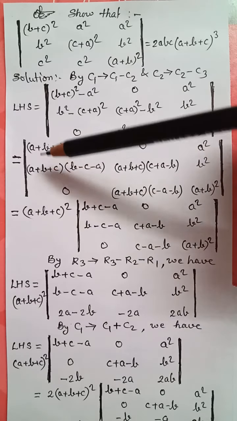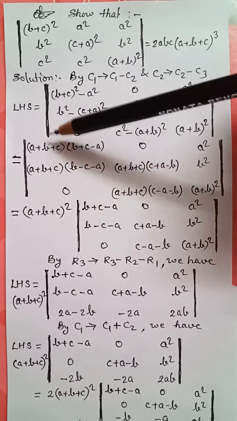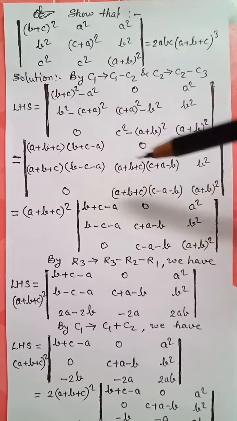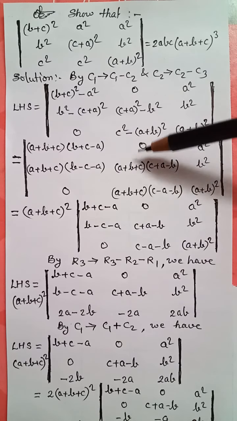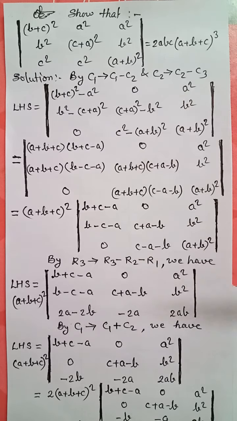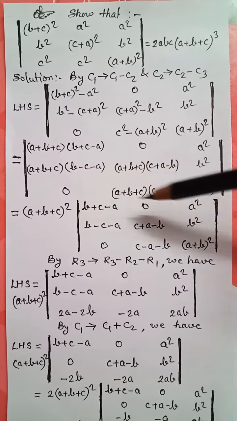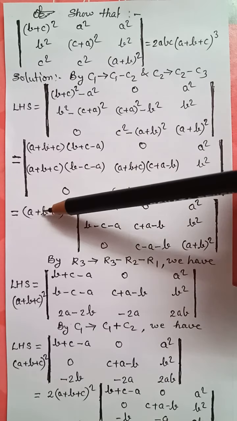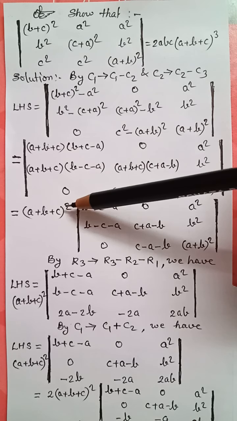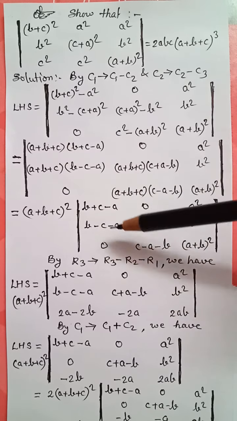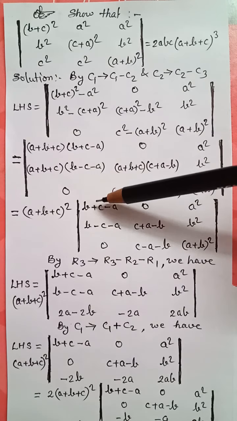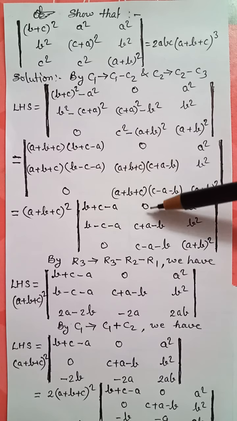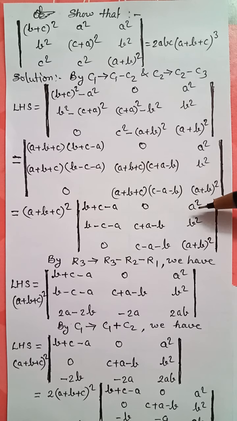Now what do we see here? A plus B plus C is a factor of the first column. Similarly, A plus B plus C is a factor of the second column. Now taking these two factors, we get (A plus B plus C) squared, and this determinant: B plus C minus A, this is 0, this is A square.